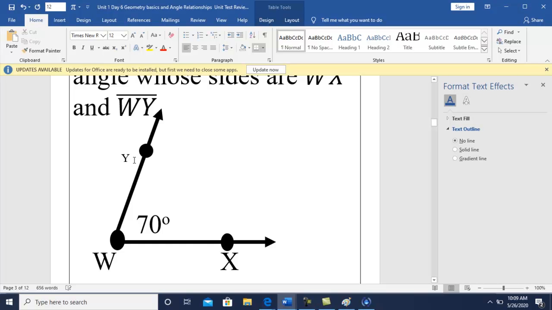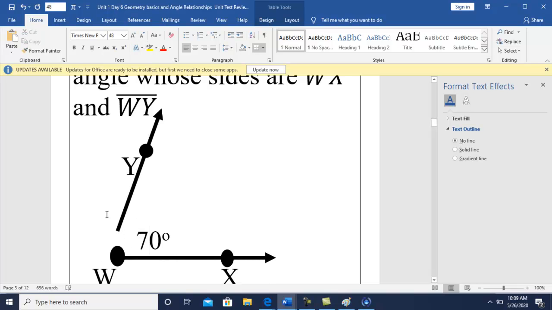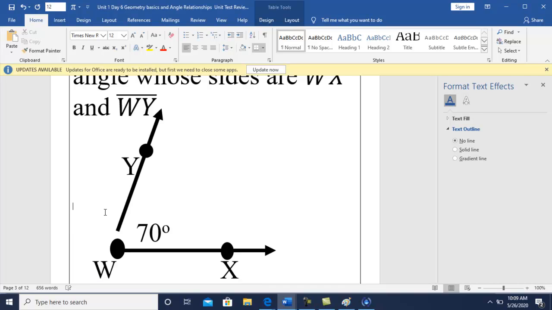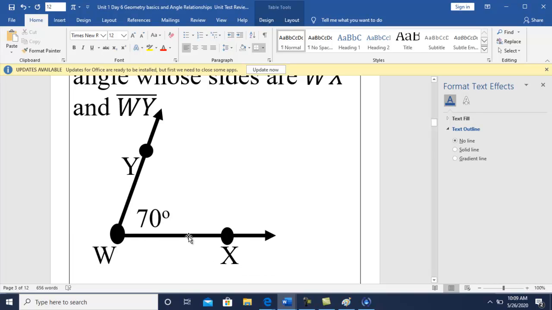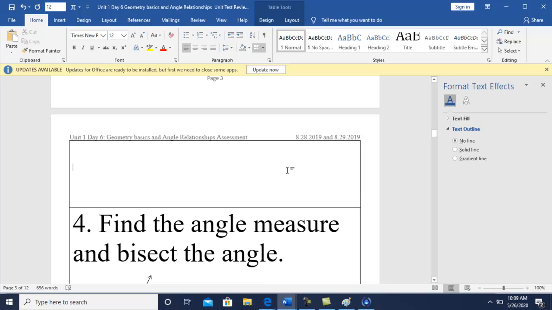Further away. There you go. All right. There's number 4.